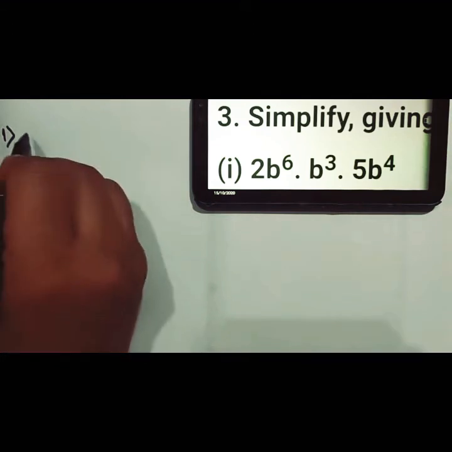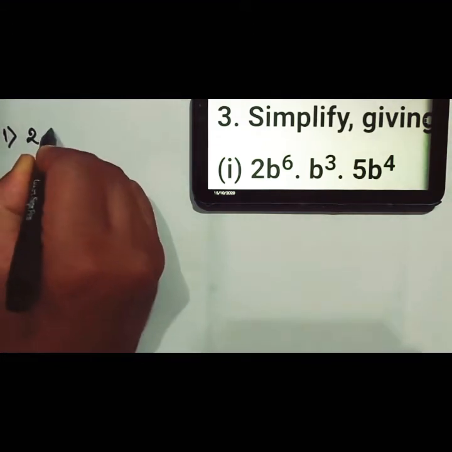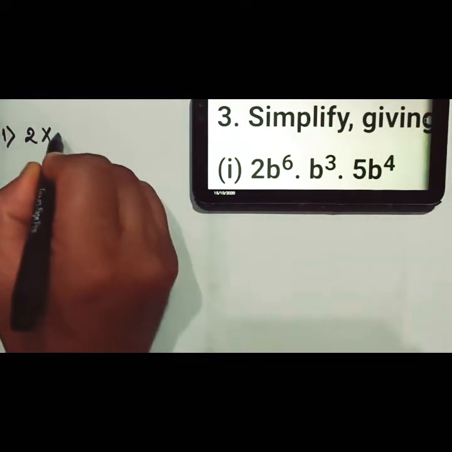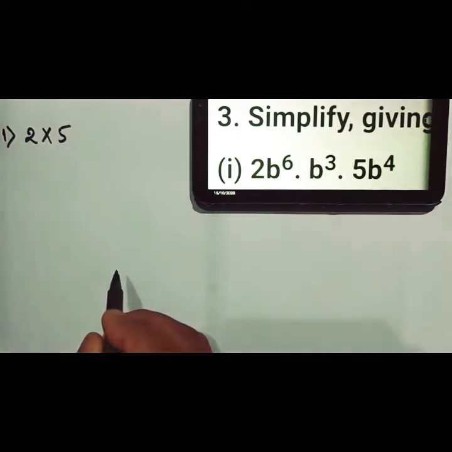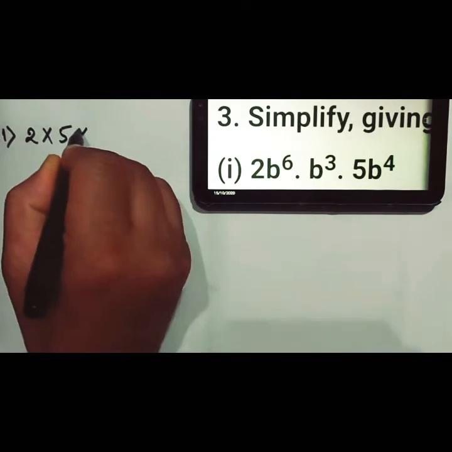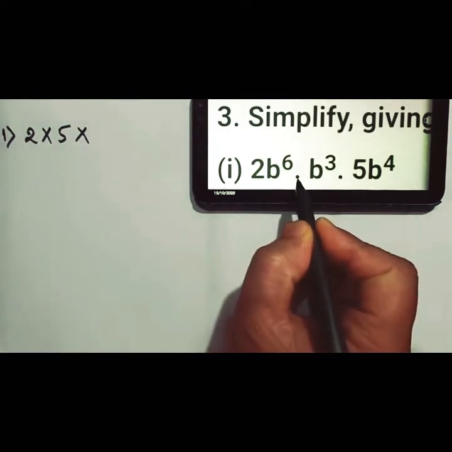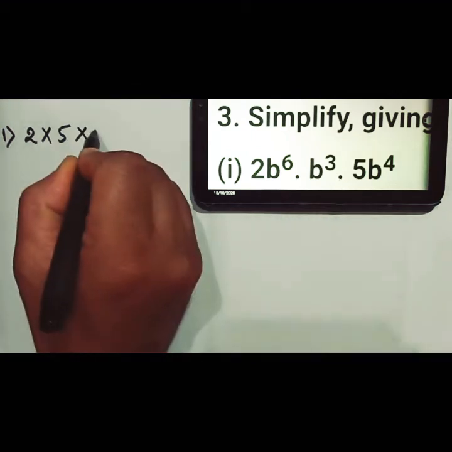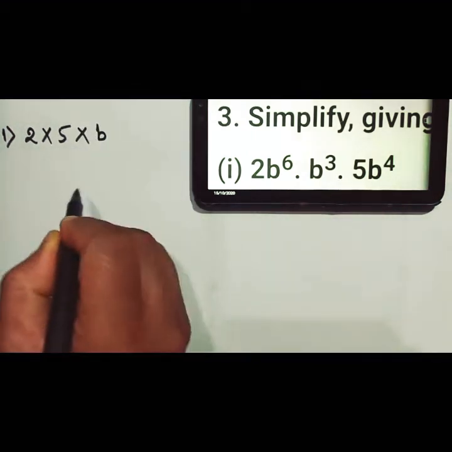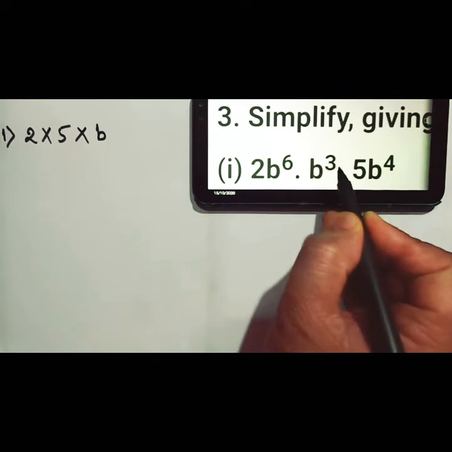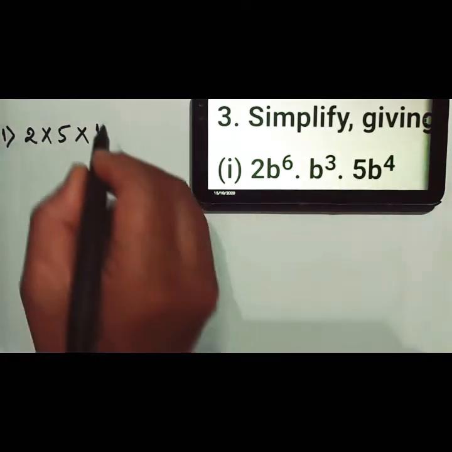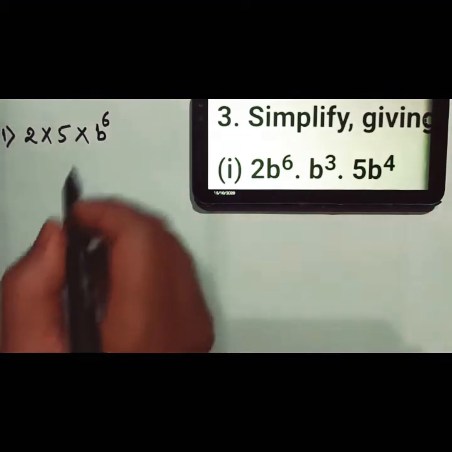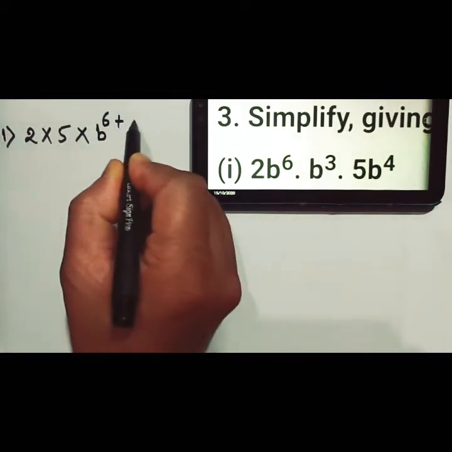We'll go this way: 2 times 5, multiplied by, this dot symbolizes multiplication, remember it. Now b to the power 6 plus 3 plus 4.